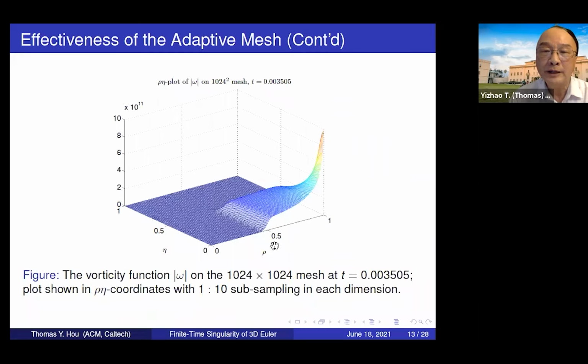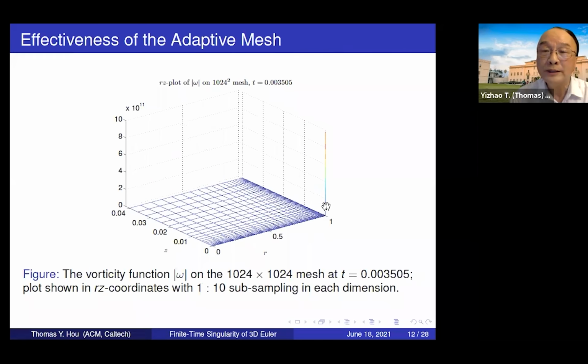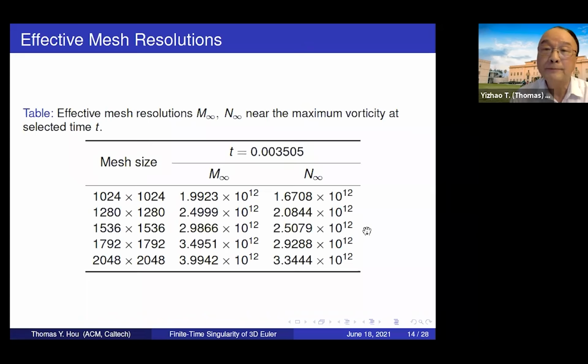So you can use a 6th order method in space and 4th order in time, with adaptive time stepping, and you get very high accuracy. For example, when you increase the resolution in rho and eta from 1000 to 2000 squared, the corresponding mesh in the physical domain, r and z, is like 10 to the power 12. You have an extremely dense mesh resolving this singularity region, right? That's why this is the profile in the transformed domain, rho and eta.